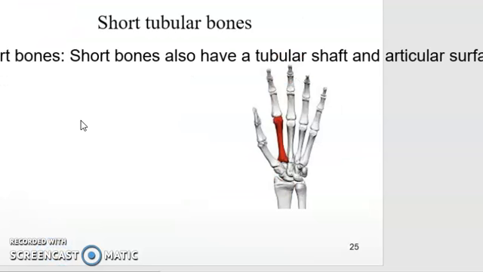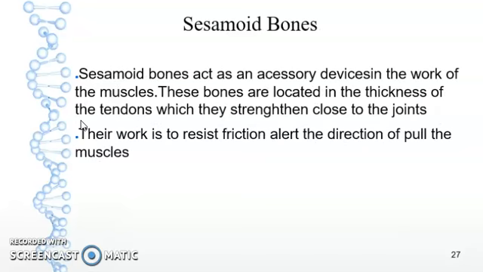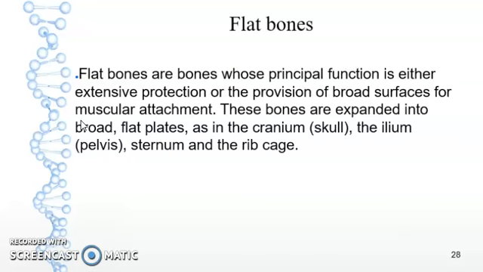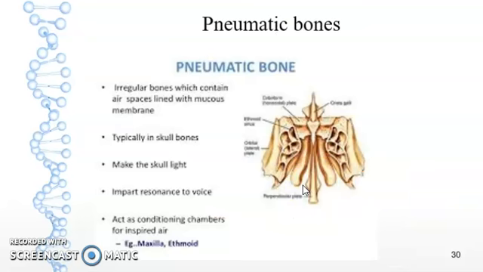About the short tubular bones, sorry, there is some defect in the slide. Spongy bones, sesamoid bones. You can pause and read this material. It's nothing to be told. So flat bones, mixed or irregular. You can see the vertebra here. See, it's irregular. Pneumatic bones, which contain air.